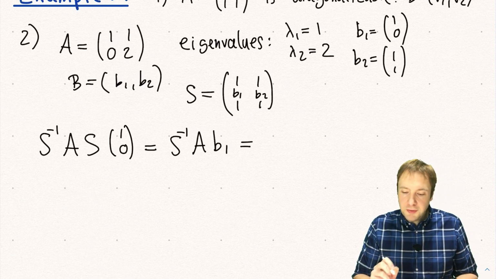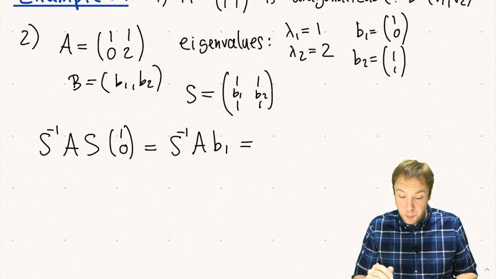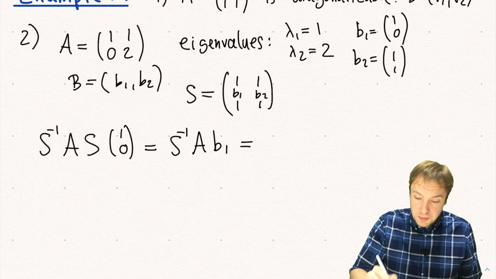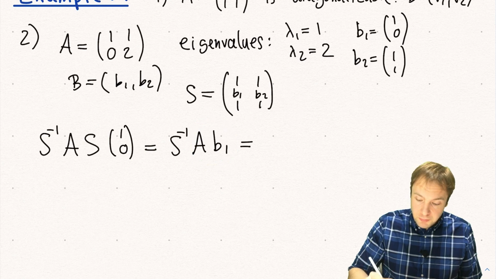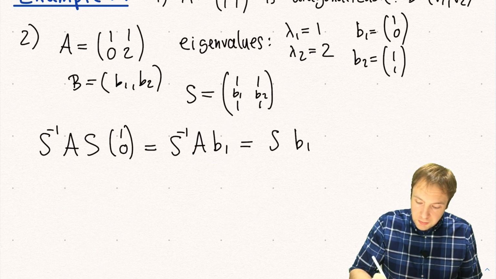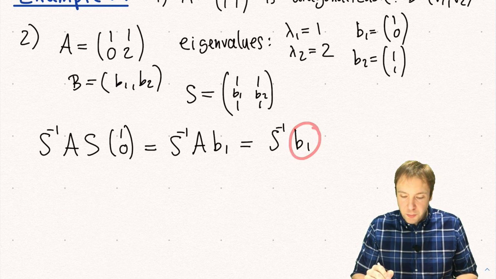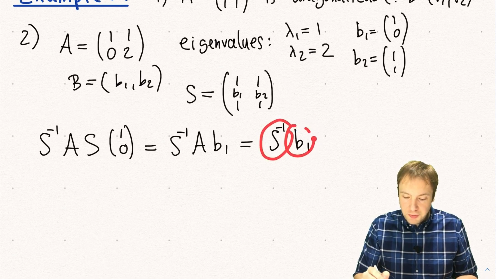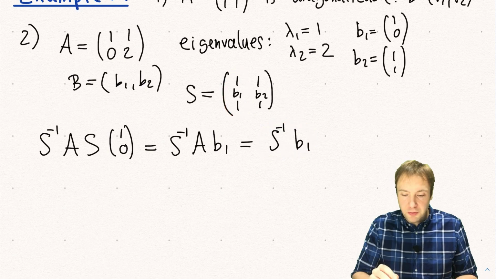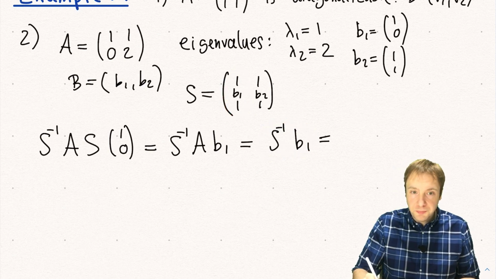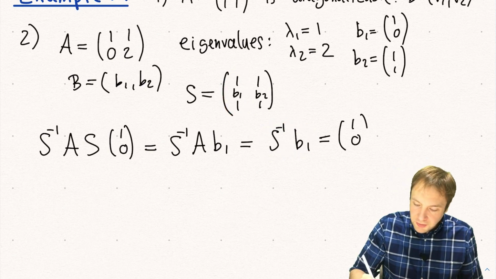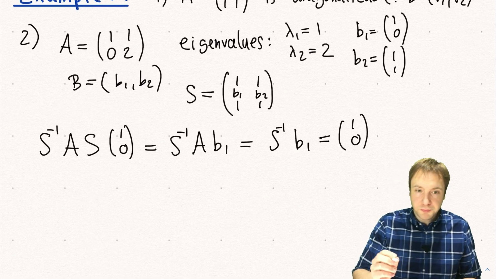But B1 is an eigenvector with eigenvalue 1, so A times B1 is just B1, so S inverse B1. And what is S inverse of B1? Well, B1 is the first column of S, so this is just the vector 1, 0.